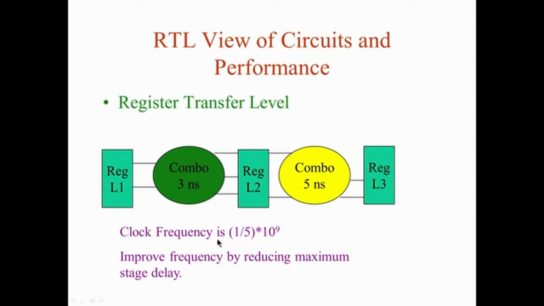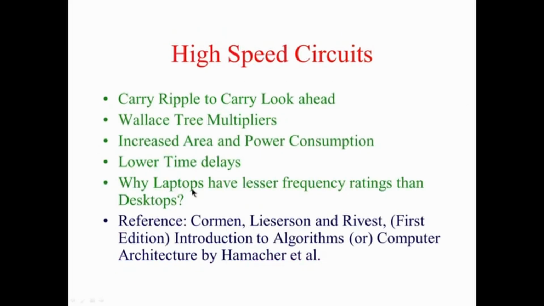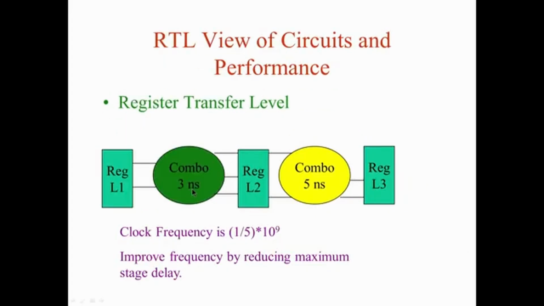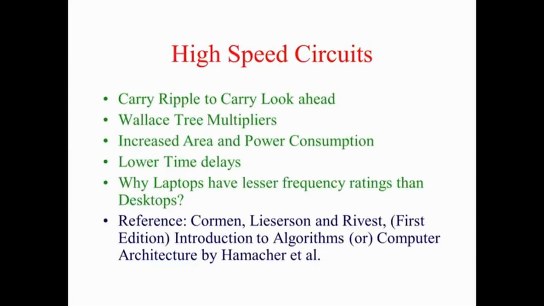Suppose I make it 4 nanoseconds here and 4 nanoseconds here instead of 5 and 3, then certainly my frequency will become 1 by 4 into 10 power 9, that is 0.25 into 10 power 9, right. So if I want to improve my frequency I need to balance my stages, okay.